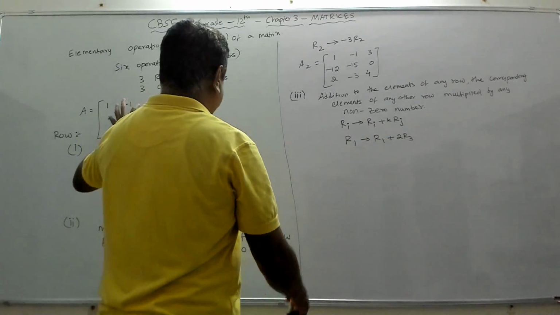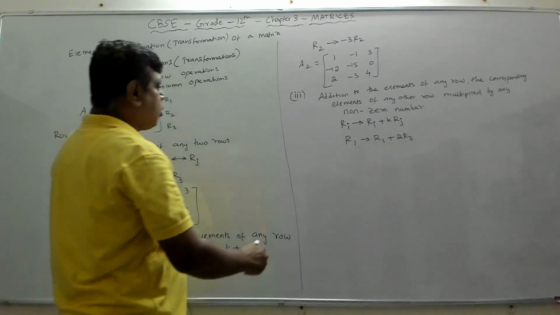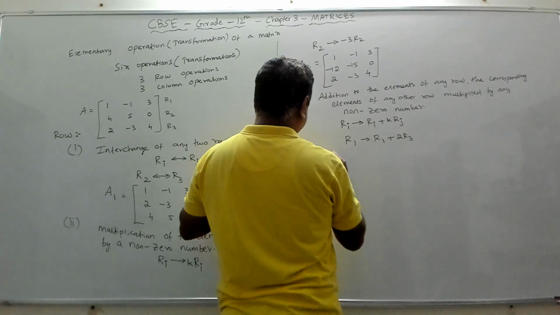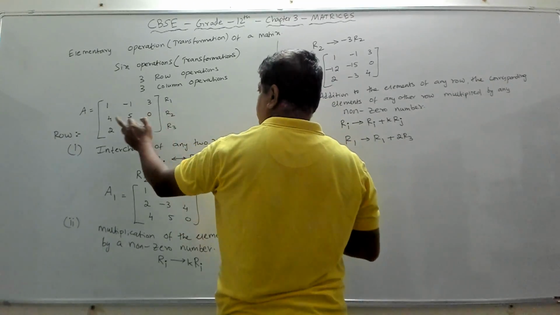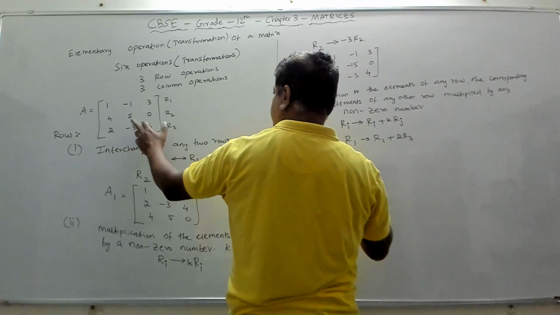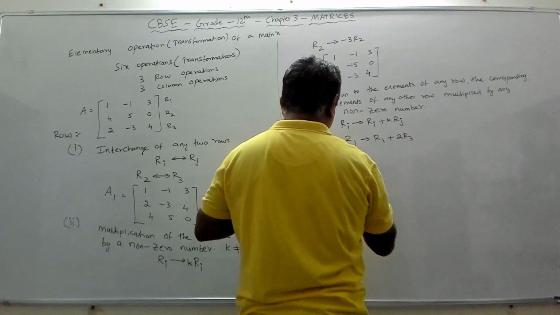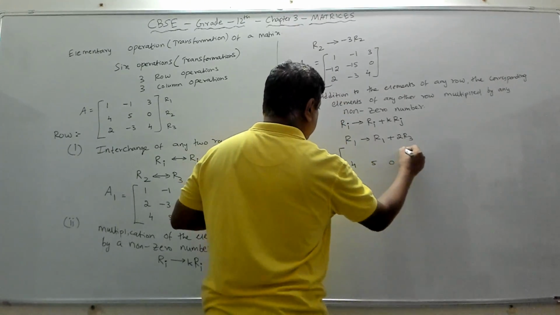So R1 implies R1 plus 2 times R3. Now if you apply this row operation on this matrix A, my matrix will become A3. This is your R1. I'll write R2 and R3 as they are, because only R1 is getting changed. Row 2 is 4, 5 and 0.